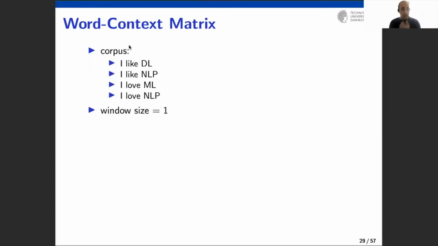Let's look at a simple example. Let's assume that our corpus contains four sentences: I like deep learning, I like NLP, I love machine learning, I love NLP. And we define window size 1. In reality, window size is larger than 1, typically 10, 15, 20 or something.